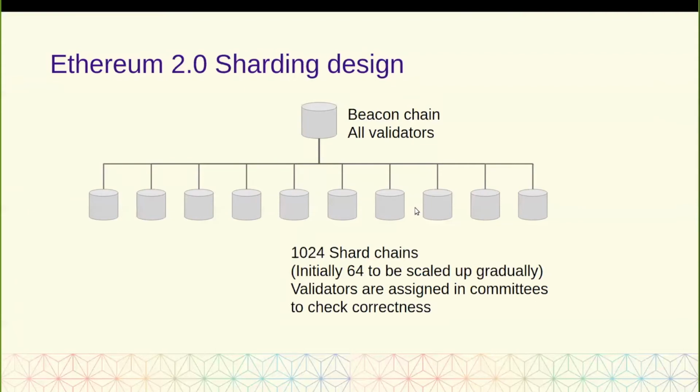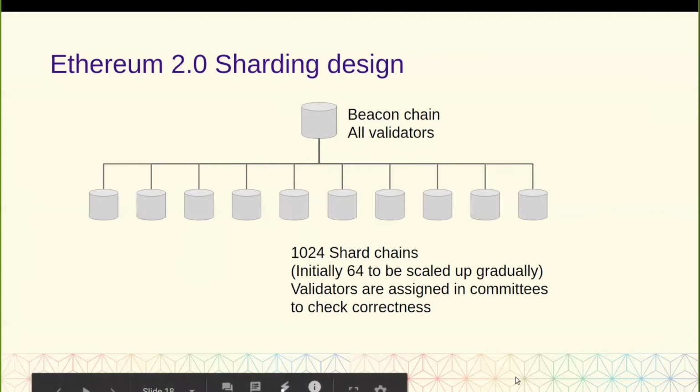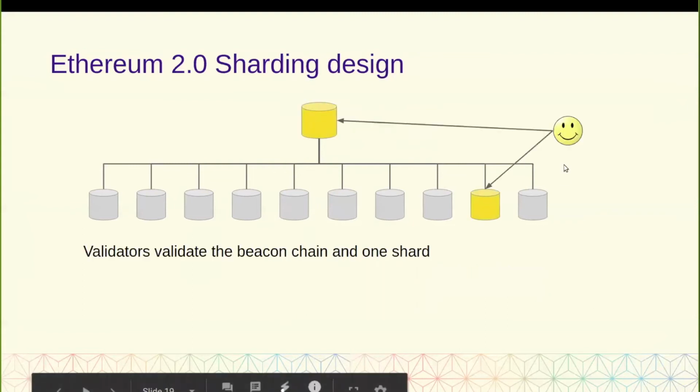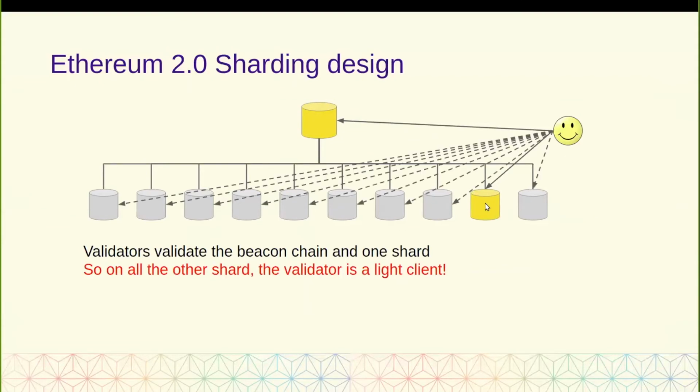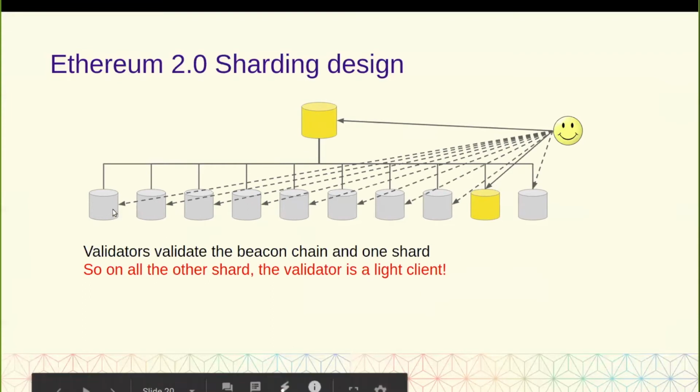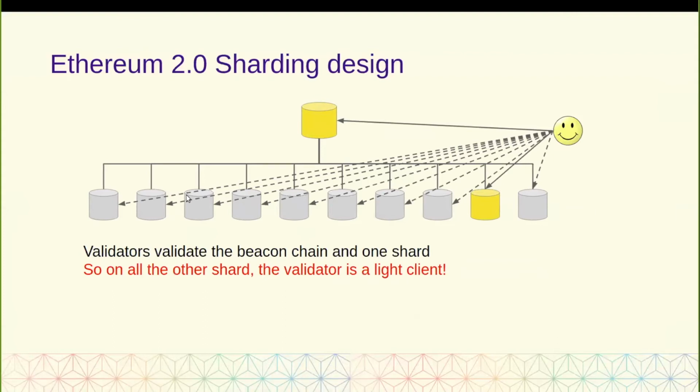So all validators check the beacon chain, and validators are assigned in committees to check the correctness of shards. So if I'm a validator here, then I validate the beacon chain and one shard, which actually means for all the other shards, I'm a light client. So although we would call validators full nodes in Ethereum 2.0, they are actually light clients on most of the shards.